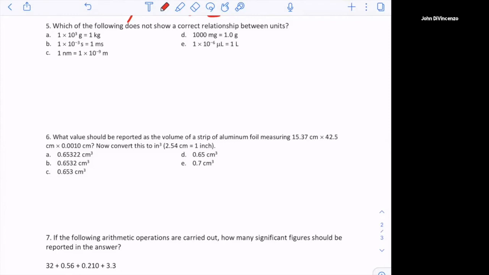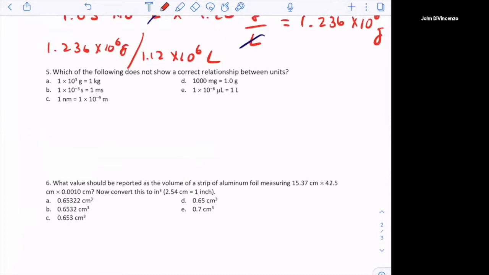It should have been 10 to the minus 6 liters per microliter for 1 microliter. So remember what I told you: you want the micro and the 10 to the minus 6 on opposite sides of the equation. This one's right, with the 1,000 grams per kilogram, 10 to the minus 3 seconds in milli. So on opposite sides, that's correct.